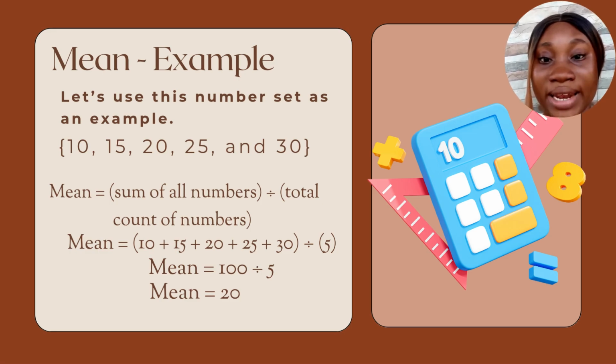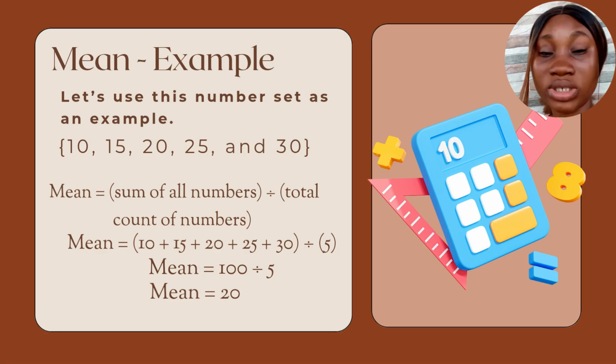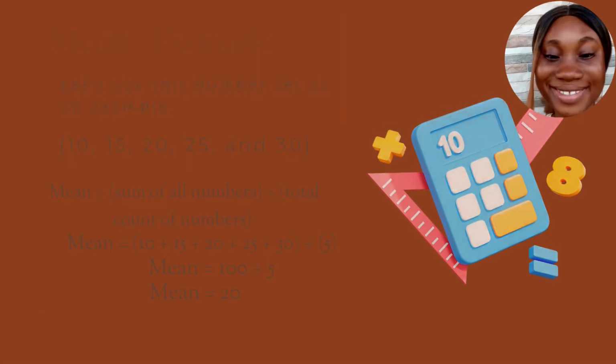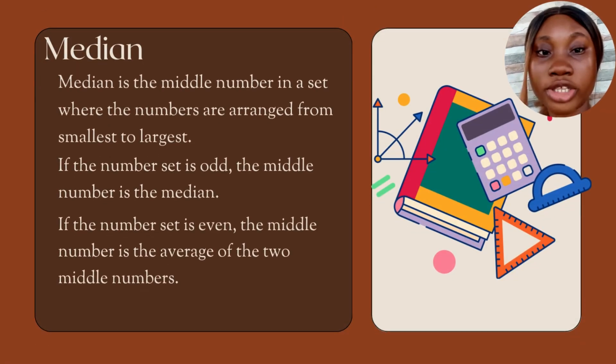Adding up all those numbers gives me 100. Now that 100 divided by how many numbers make up the number set, which is five numbers in this case. So I have 100 divided by 5 and that gives me 20. So that way we have found the average, which is the mean of this number set, and our mean is 20.